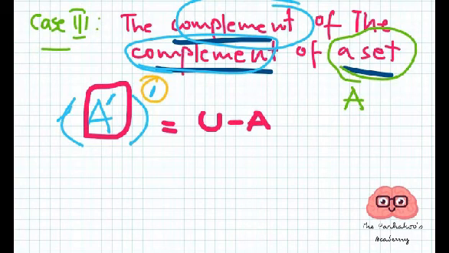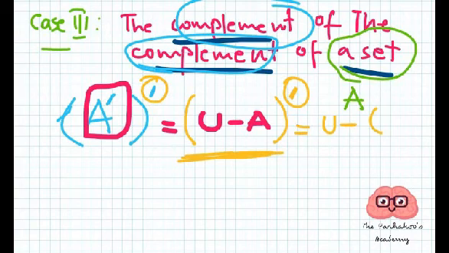Now this outer complement, what does it mean? It means U minus this whole thing, that is U minus (U minus A). Okay, so now if you know a little bit of algebra, let's open up the brackets.